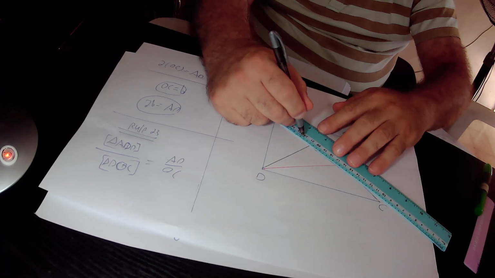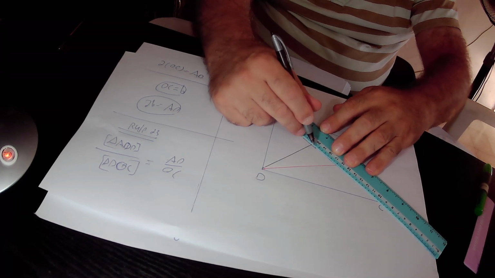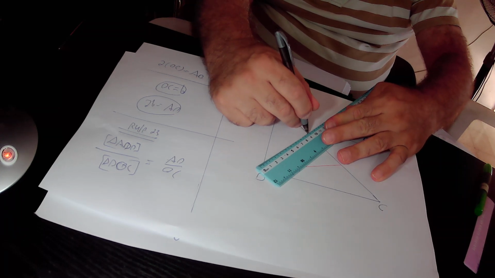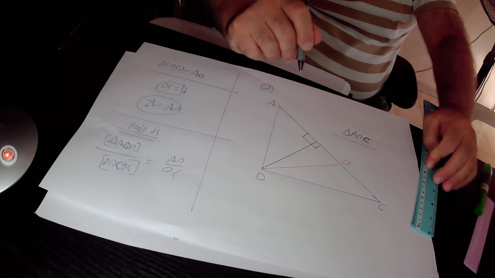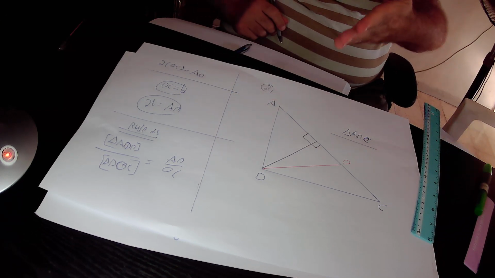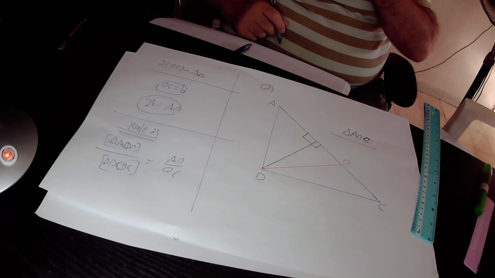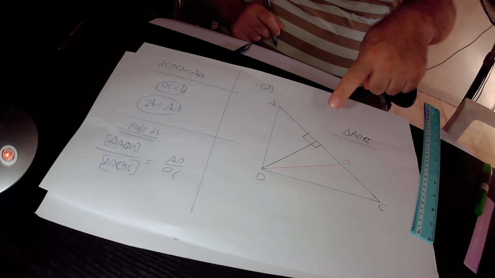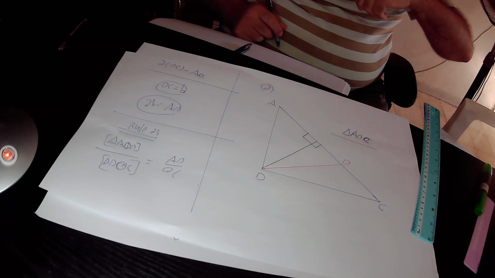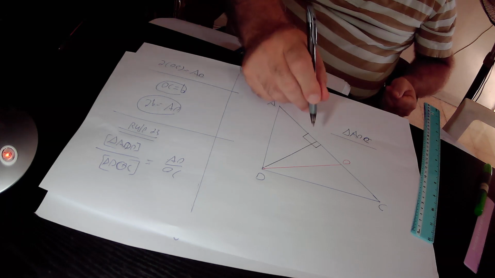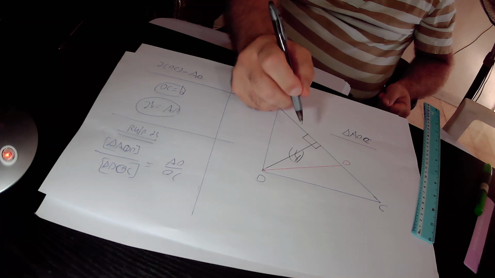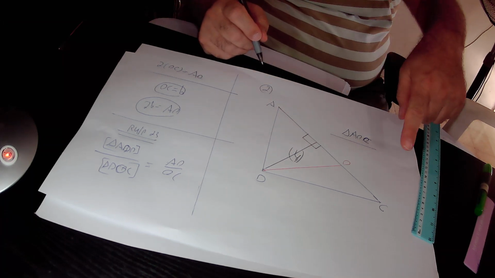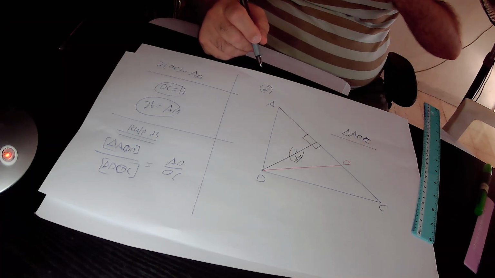This angle equals 90 degrees, and this angle also equals 90 degrees according to our construction. And we define this height as h. It is the height to side AC.